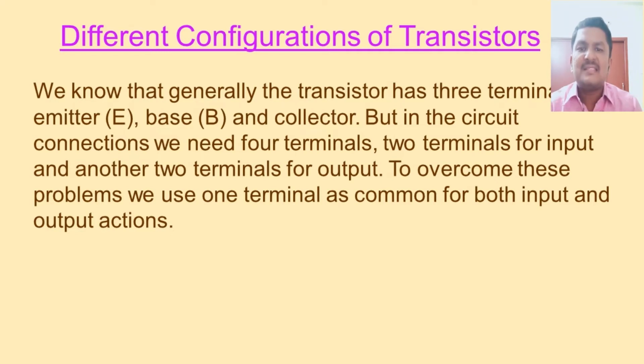A transistor has different configuration modes. Generally, a transistor has three terminals: emitter, base and collector. But in circuit connections we need four terminals, two for input and two for output.